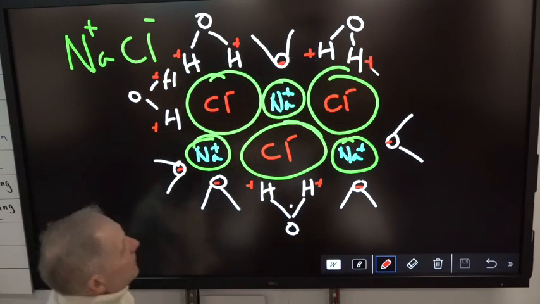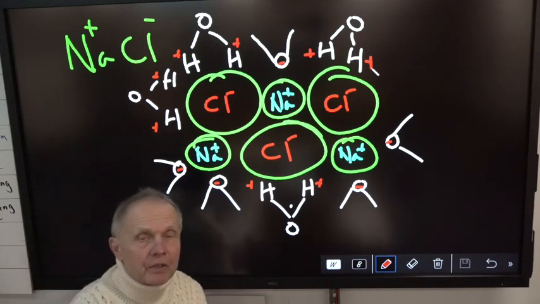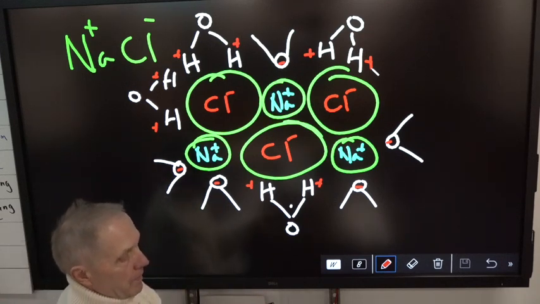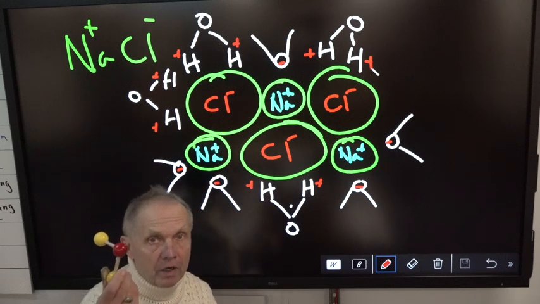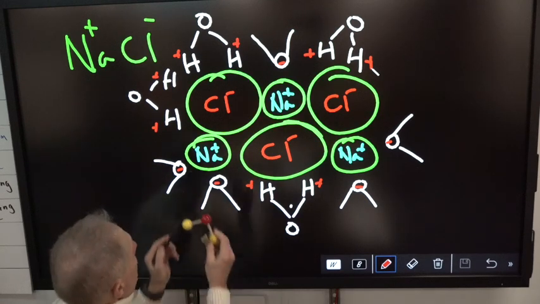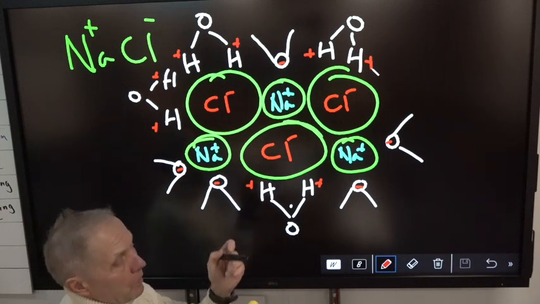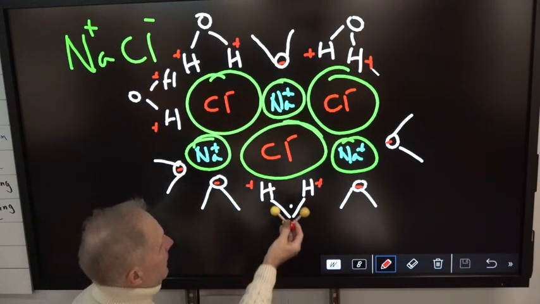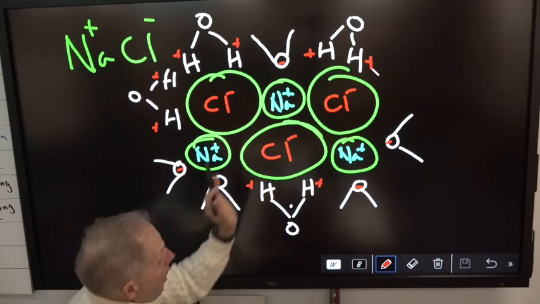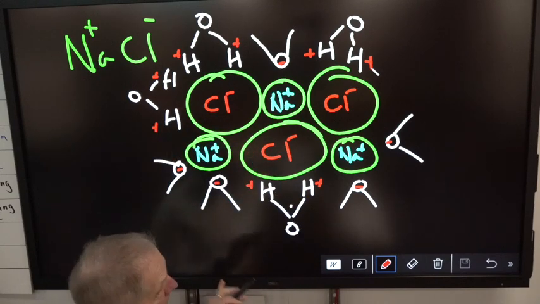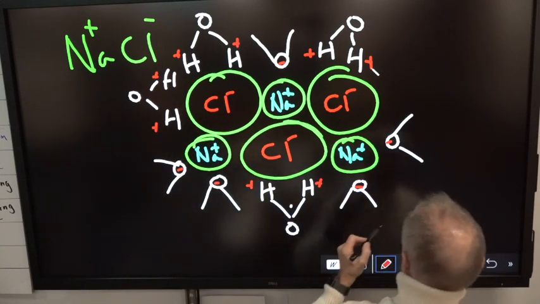So that is what molecule-ion attraction looks like. Remember, the O from the water molecule will be attracted by the positive ions, and the H's will be attracted to the Cl minus ion. And all this together, all this stuff on the board, will look like this.